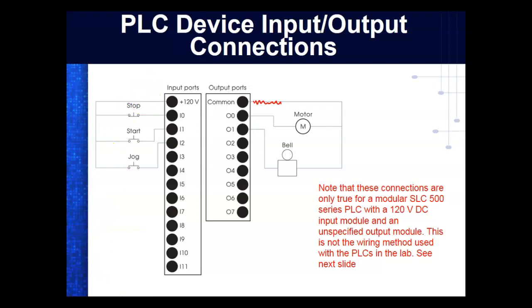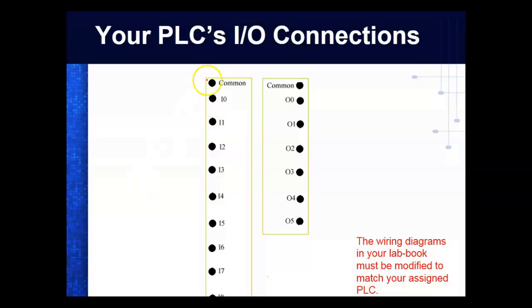When we look at I/O, I'll show you how the PLC is actually wired. So this is the way we have two commons, right? And we're running sinking inputs, so our input devices have to be sourcing. And then we're running sourcing outputs, so our output devices have to be sinking. So this is what you're supposed to be doing to modify your circuit, right?